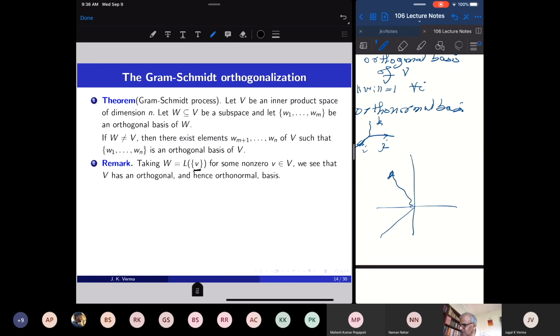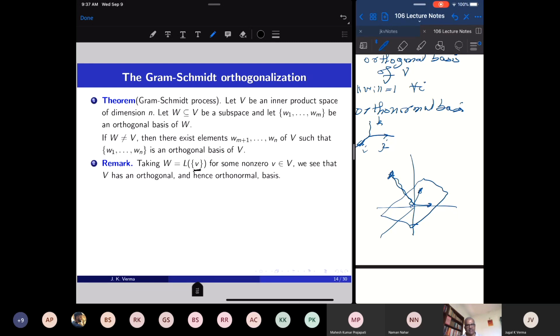Geometrically, what are we going to do? I will take a plane which is perpendicular to this vector. Inside this plane, I will need two vectors which are perpendicular. So I will have three vectors which are perpendicular to each other, and three mutually perpendicular vectors are going to give me a basis.